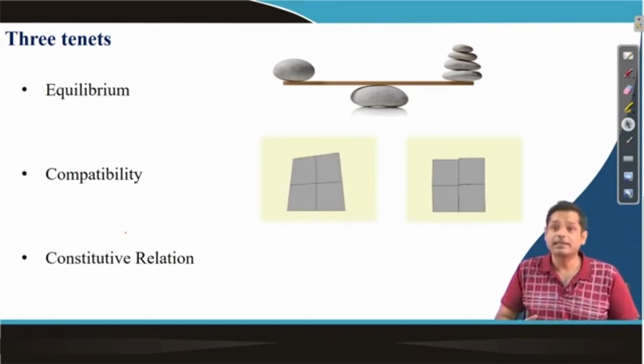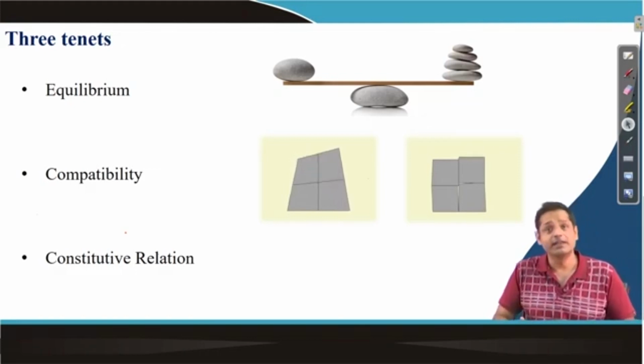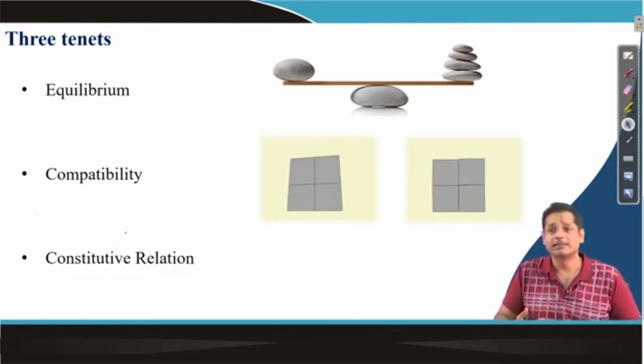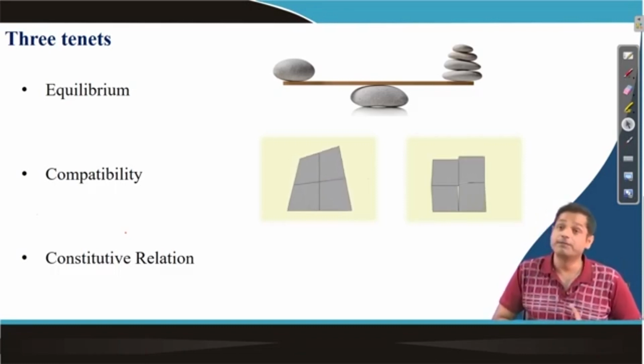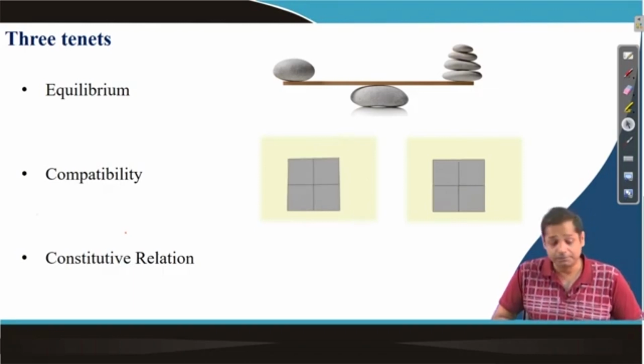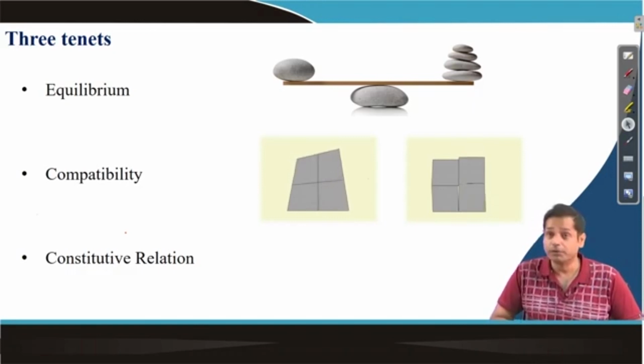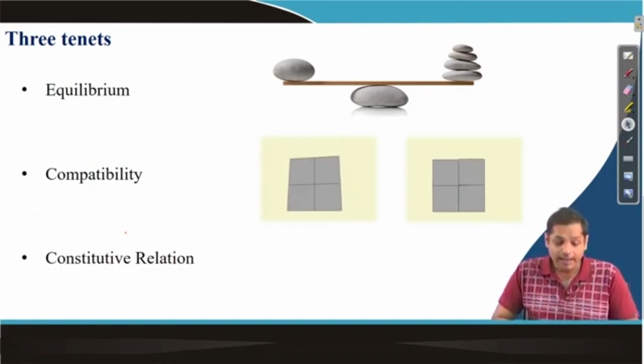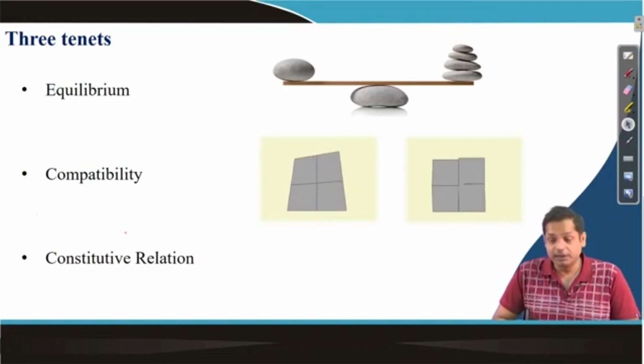As the name suggests, it is maintaining a balance between external forces and internal forces. They should cancel each other. That is called equilibrium. If you remember in structural analysis, you wrote the static equilibrium equations: summation of forces is equal to 0, summation of moments is equal to 0. Essentially, that is equilibrium.